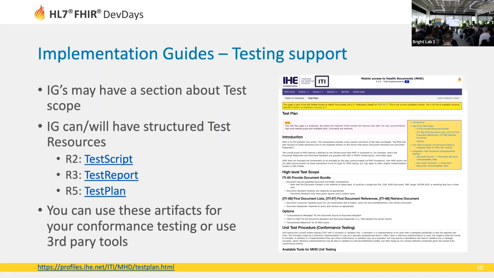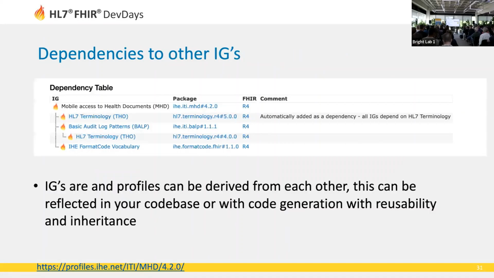And in release 5, a new conformance resource, TestPlan, is introduced, which makes complex test planning possible. Richard will talk also about test-driven development this afternoon. We'll come up to the slide, and you can use these artifacts for your conformance testing or together with third-party tools.